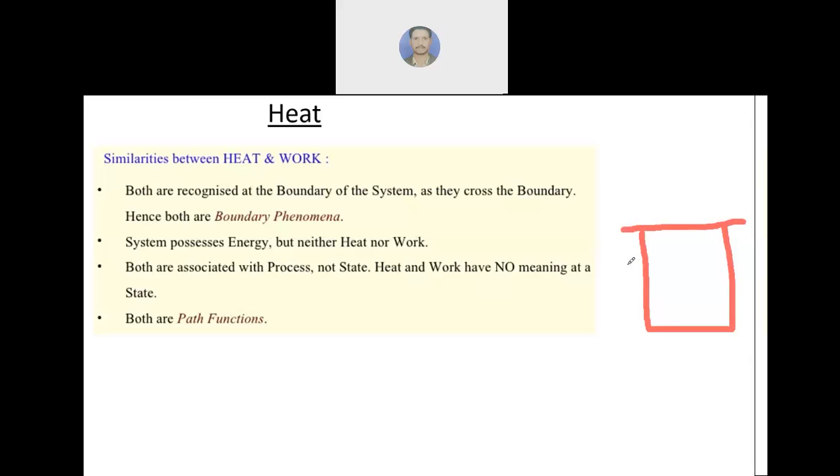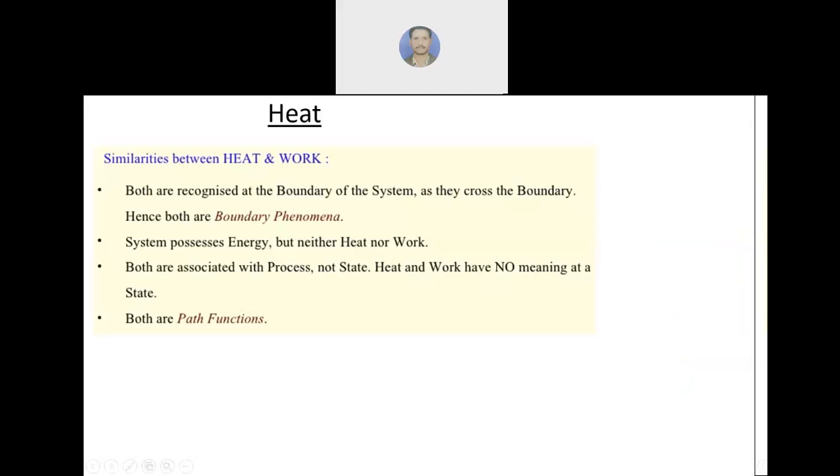Mass can't transfer because it is closed. Energy was transferring from the bottom, where you were giving heat, and it was crossing the boundary.